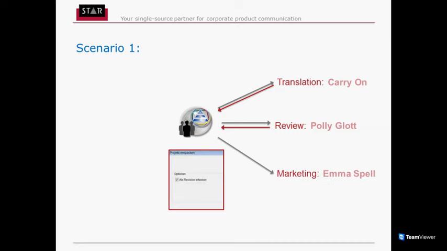Then the PPF goes out again, probably, maybe to the marketing department of the customer. And Mrs. Spell has a look at it, does changes, and again, when the project manager receives back the TPF and uses the option to record all the revisions, they are stored in the language pair.